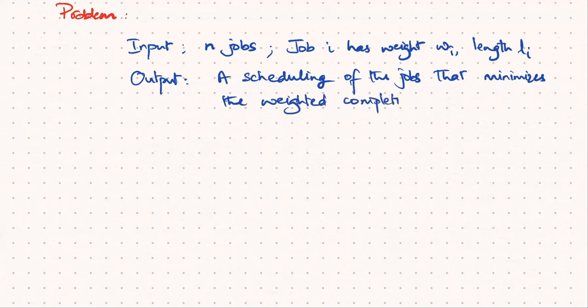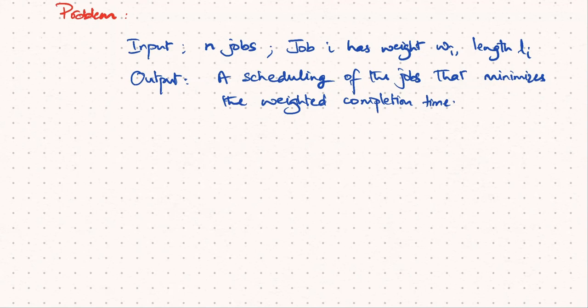So you want a schedule which minimizes this weighted completion time. This is the objective function that we talked about earlier. The weighted completion time is the function that we'd like to minimize.